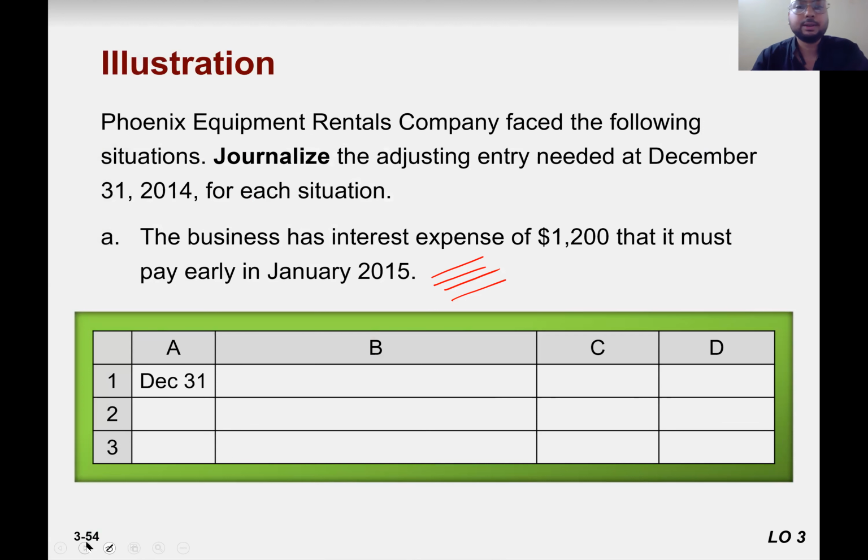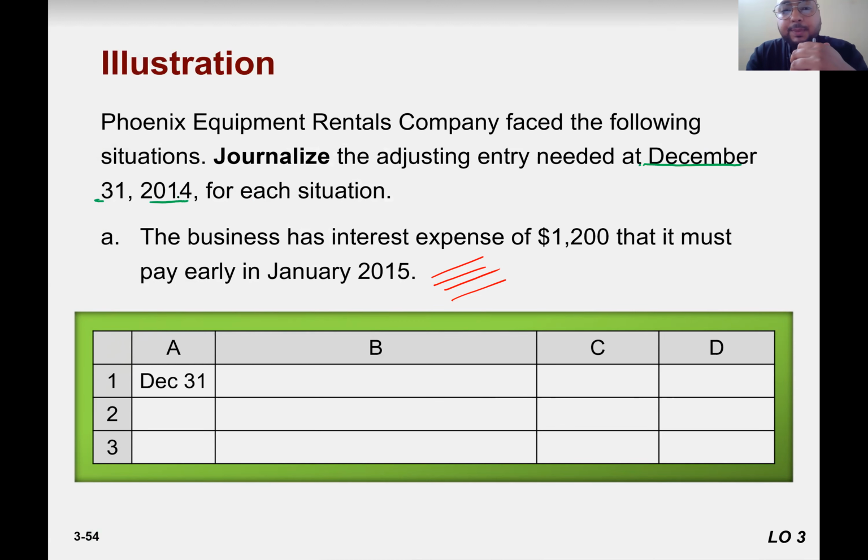Now we have the illustration here. So let's do that. We have Phonics Equipment Rentals, which faces the following situations. We need to journalize the adjusting entries. We have been given the date of December 31st, 2014 for each situation.